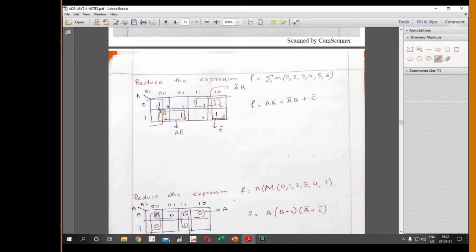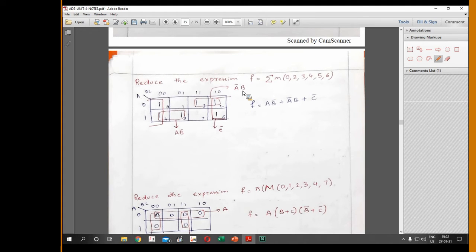It is not possible, so I will move to the leftmost column with the rightmost column. These two can be paired with 2 and 6. 0, 4 can be paired, or we can form a quad with 2, 6.